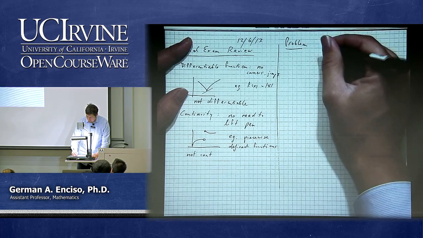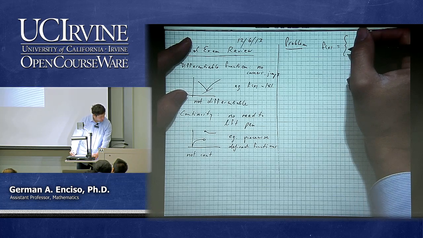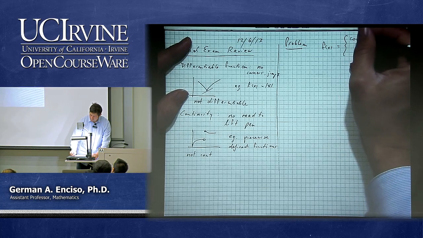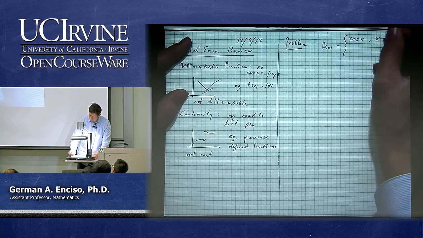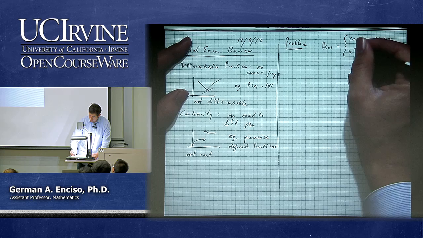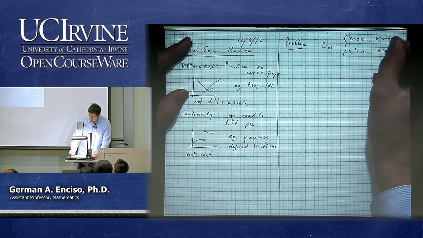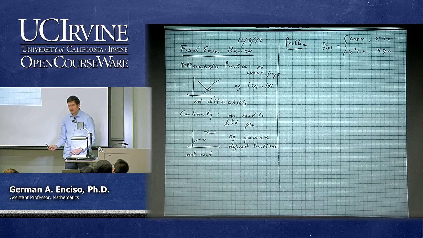Problem. Suppose that you're given the function, let's see, cosine of x for x less than 0 and x squared plus a for x bigger or equal than 0.